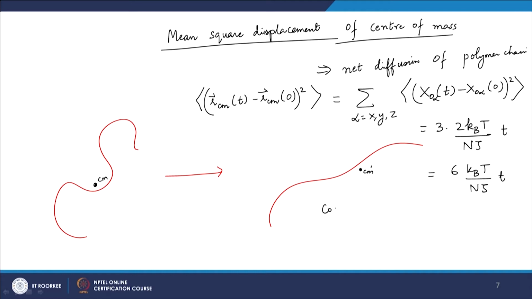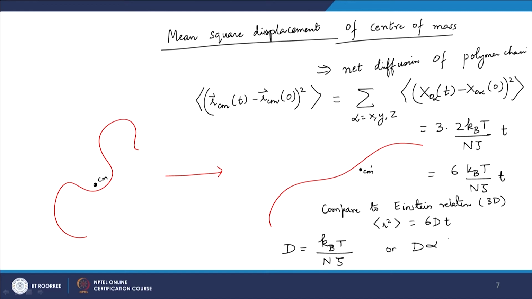And if I compare to the relation that we derived for 3 dimensions, the Einstein relation, in 3D, for a polymer chain the net diffusion is given simply as kBT by N zeta, or we can say that D goes like 1 by N.